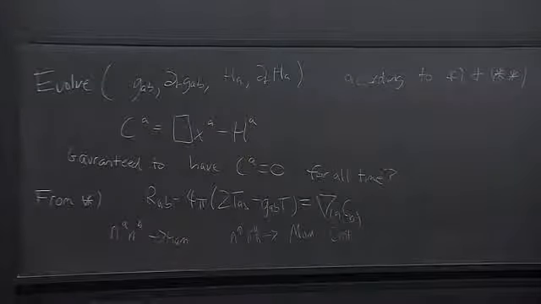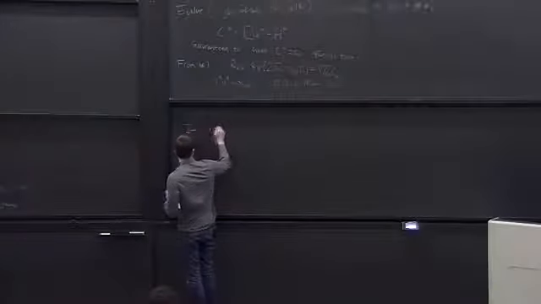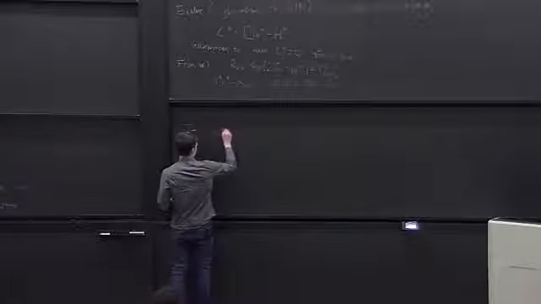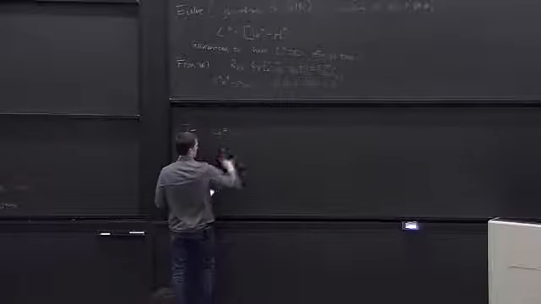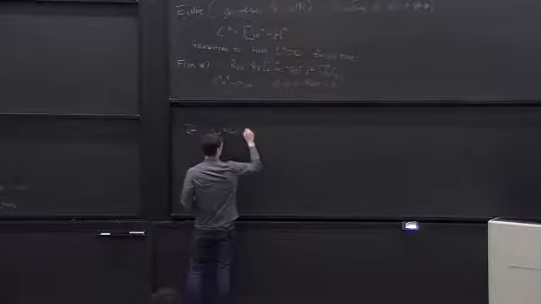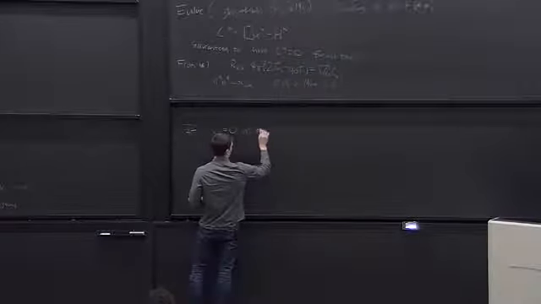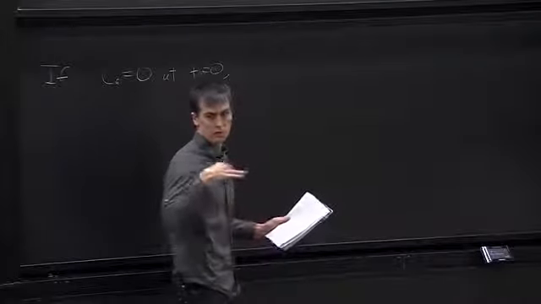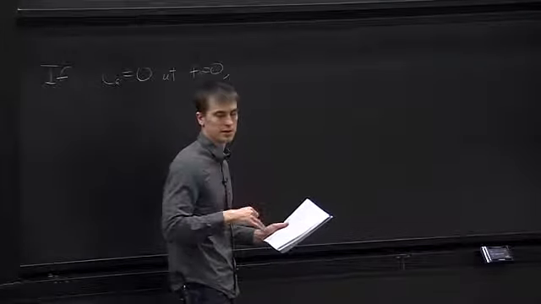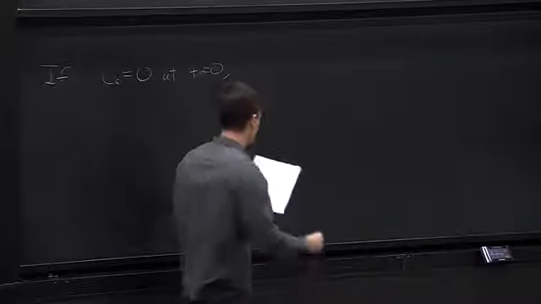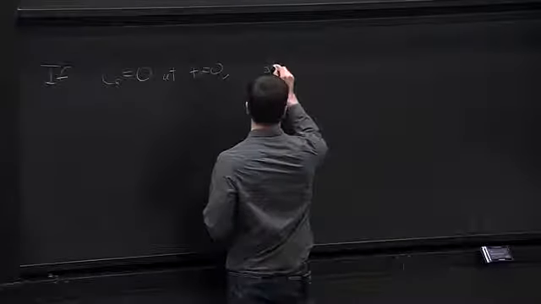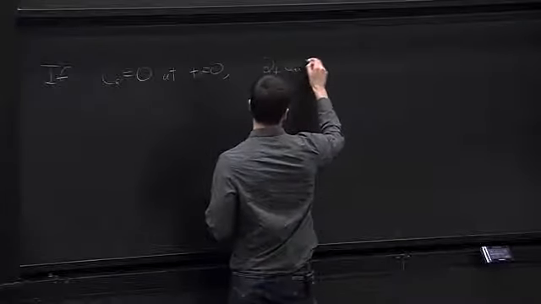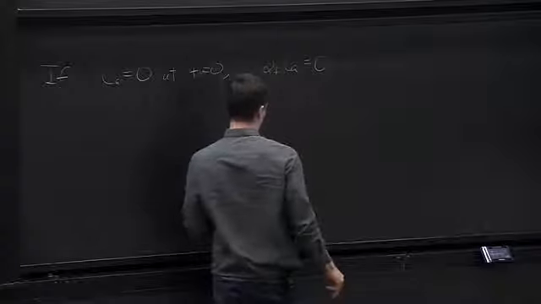So if we arrange that initially our constraints are satisfied, such that our initial metric satisfies the Hamiltonian and momentum constraints, then we'll also have that the first time derivative of our constraints will be 0.